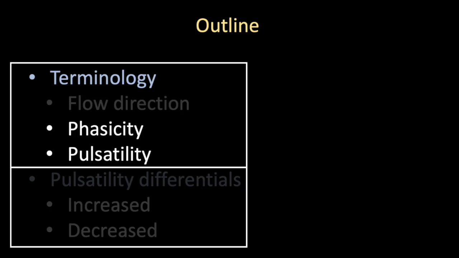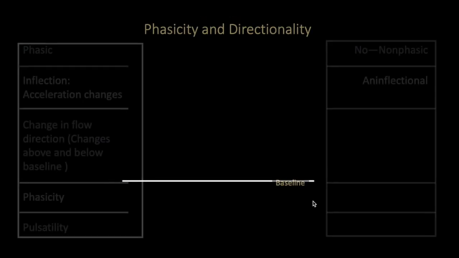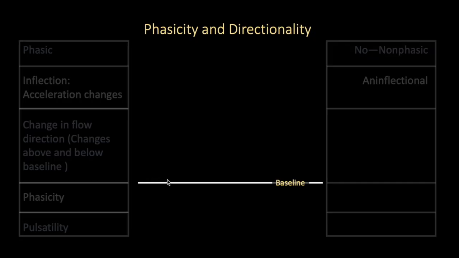So let's now talk about phasicity and pulsatility. Here, imagine that here's a baseline for a spectral tracing, and let's see how we would describe different types of waveforms. In one where you're getting a particular kind of flat waveform here, as far as phasicity, this would be non-phasic.